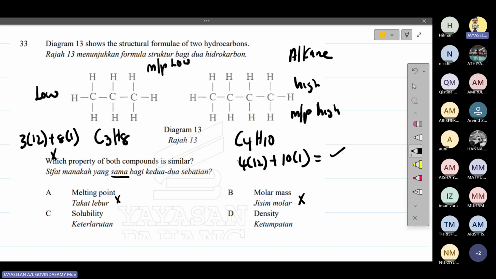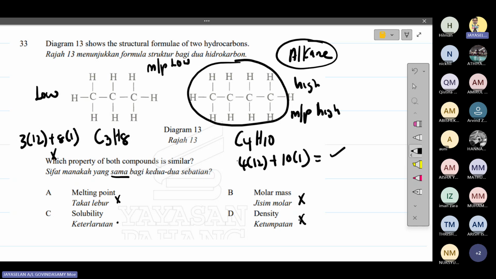So this also cannot. Density: the molar mass is higher, so this is denser. So this also cannot. Solubility: both are alkane. Alkane is insoluble in water. All alkane, so this one is also insoluble, this one is also insoluble in water. So the answer is C. Understand, Abhishek?